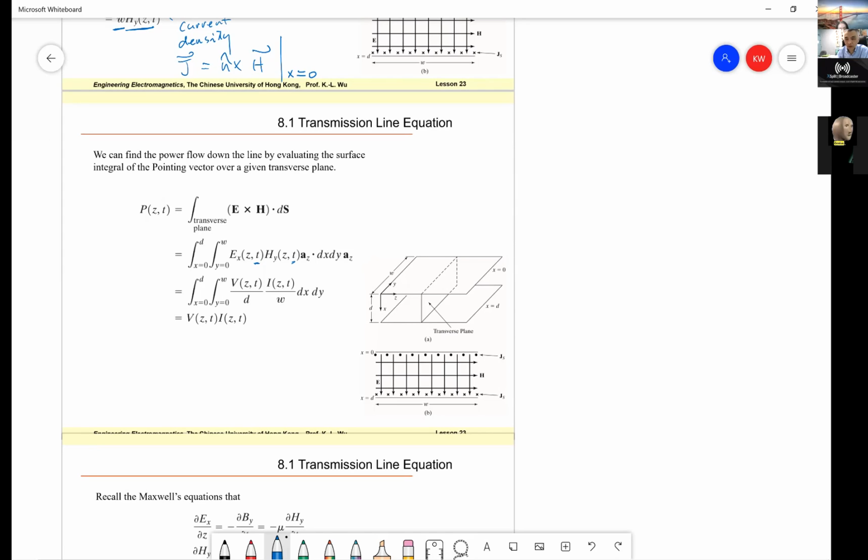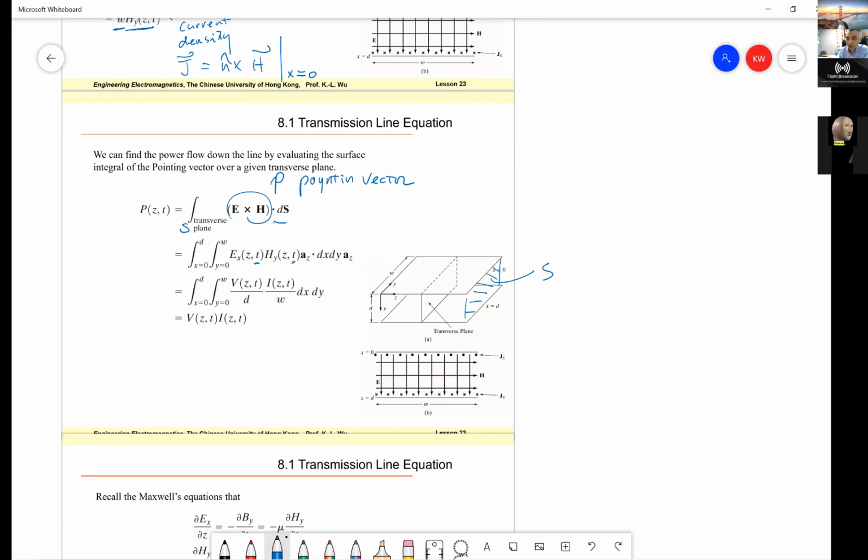So the Poynting vector tells us the power density is E cross H. Then we do the integration across this surface S, the total power crossing.